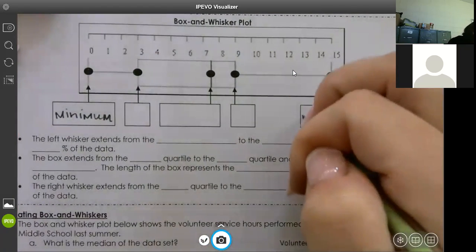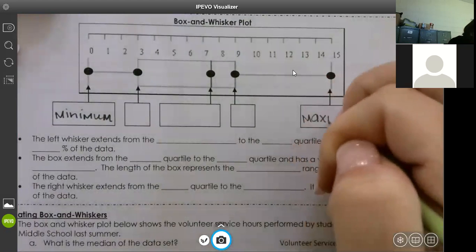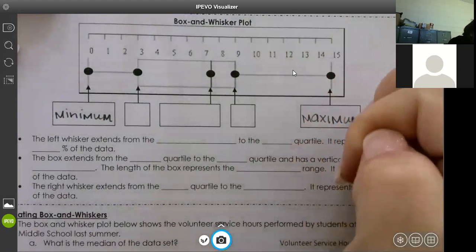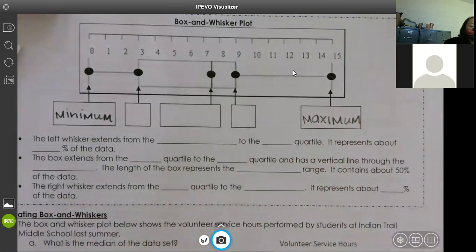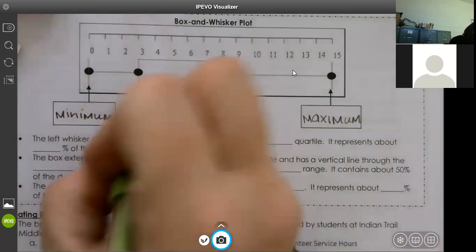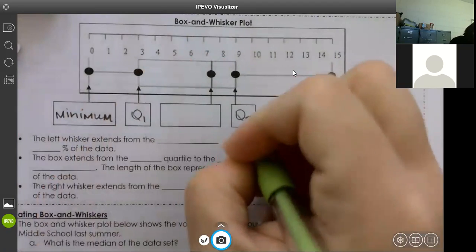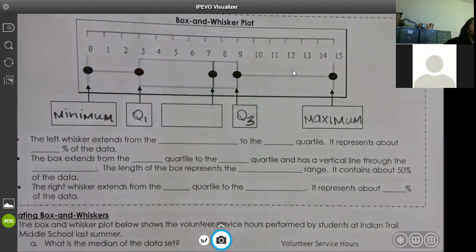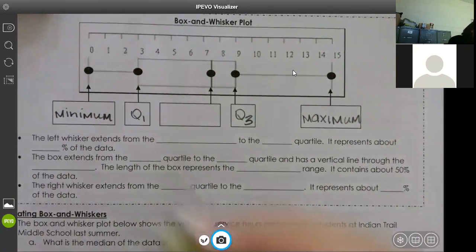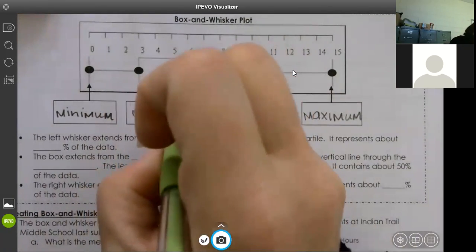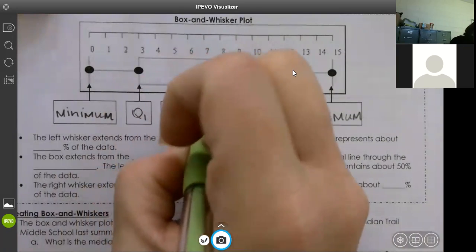The highest number is your maximum. You have Q1 and Q3, or your lower quartile and your upper quartile. And then you have your median.